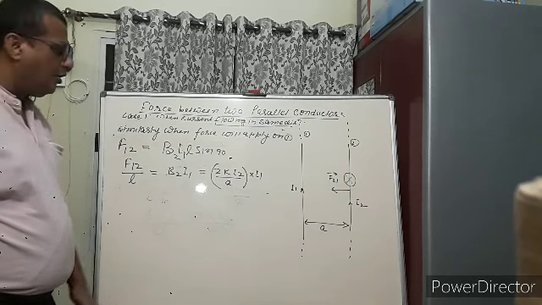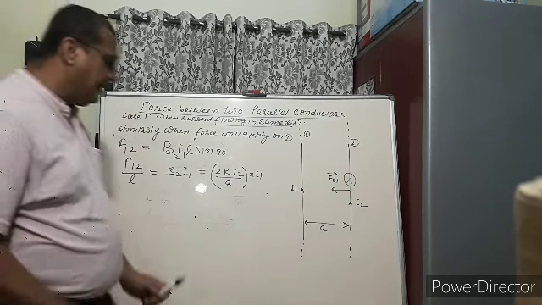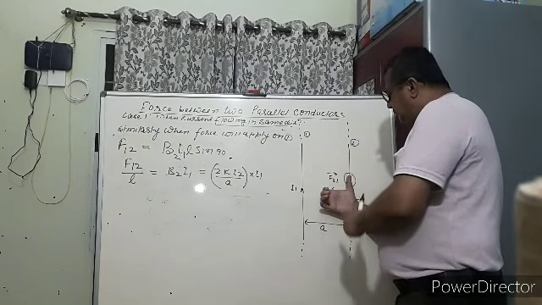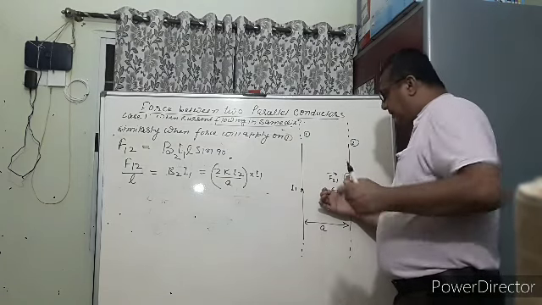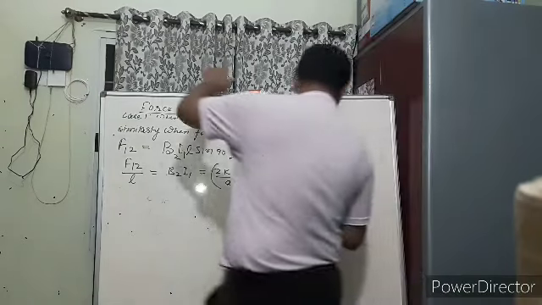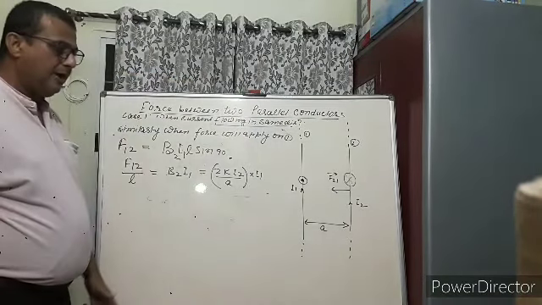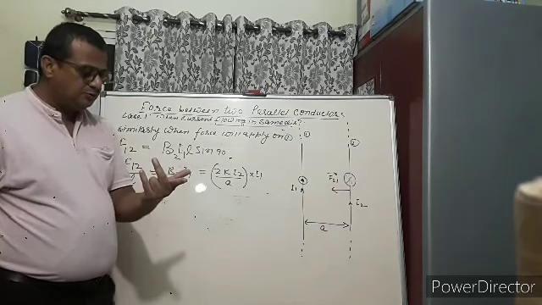What will be the direction of the magnetic field? The thumb indicates the direction of current, so the curled fingers are coming outside. So here an outward magnetic field will act. Now what will be the direction of force?